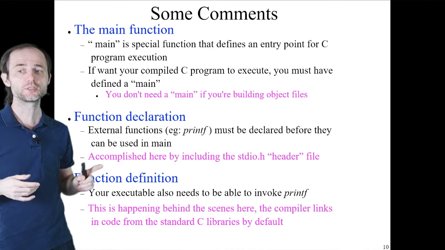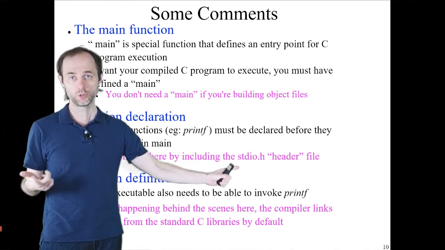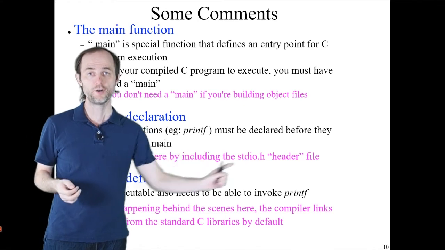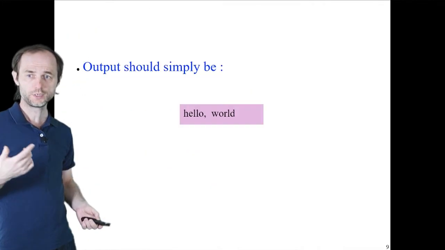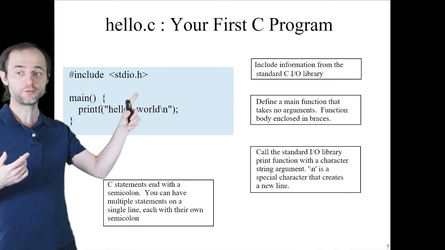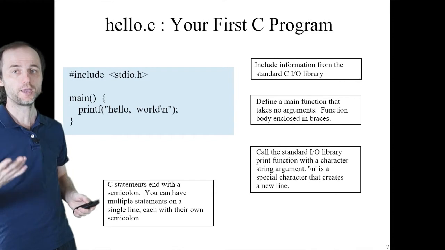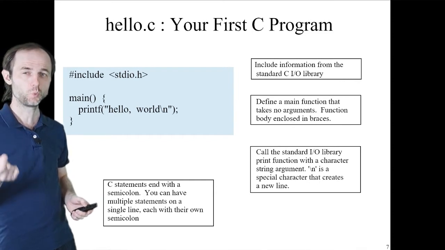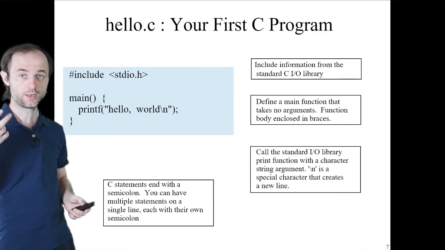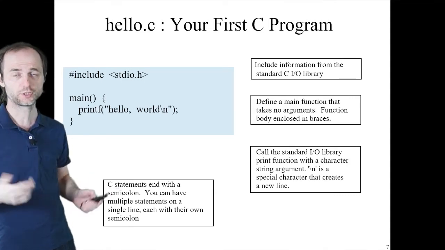So this is accomplished by including the standard io.h header file. Remember, we started the file with this line, include stdio.h, and that's precisely where the declaration of printf is sitting. You can actually open it up and see for yourself.